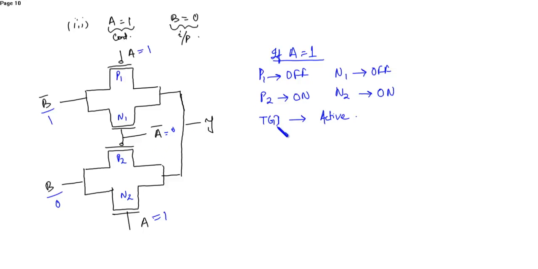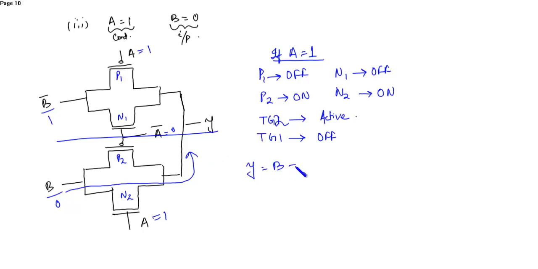The transmission gate 2 is now active since these two transistors are on, and transmission gate 1 is off. So this B will be available at the output. So Y is equal to B. So here B is 0. So if A is equal to 1, B is equal to 0, then the output Y is equal to 0. This is verified.